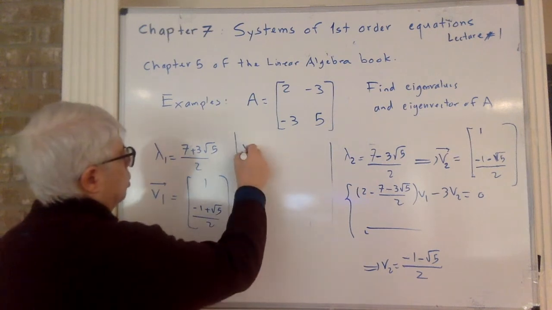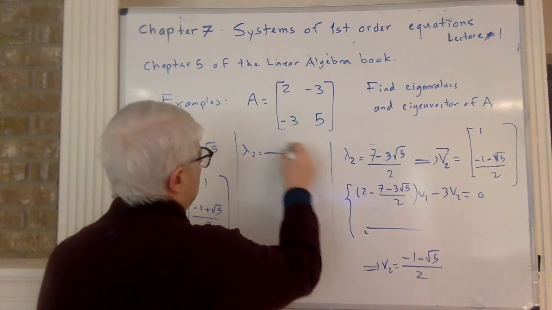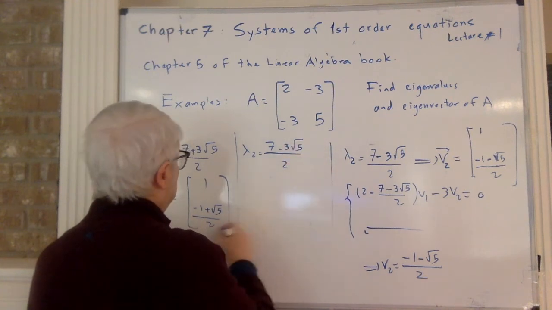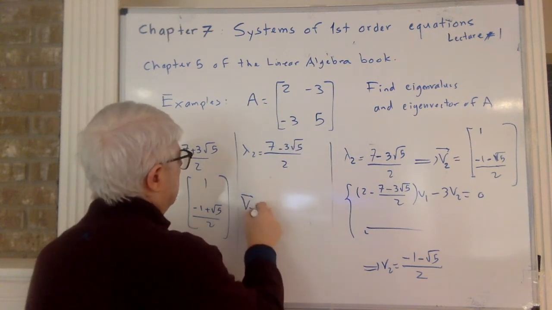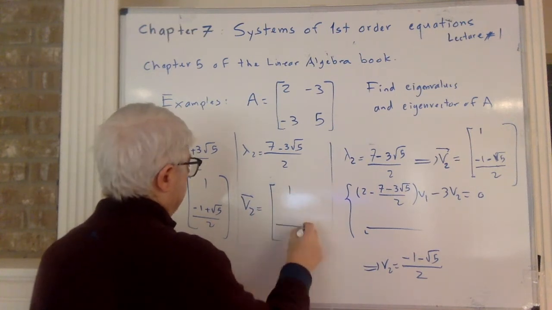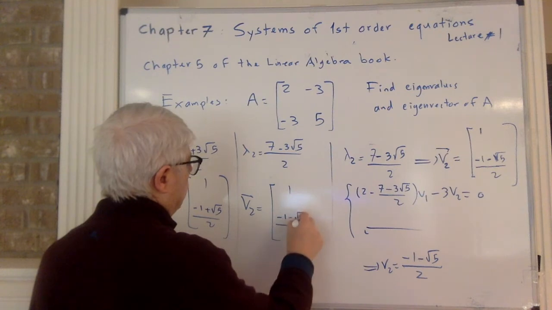And the other one, lambda 2, is 7 minus 3 square root of 5 over 2, and v2 is 1, minus 1 minus square root of 5 over 2.